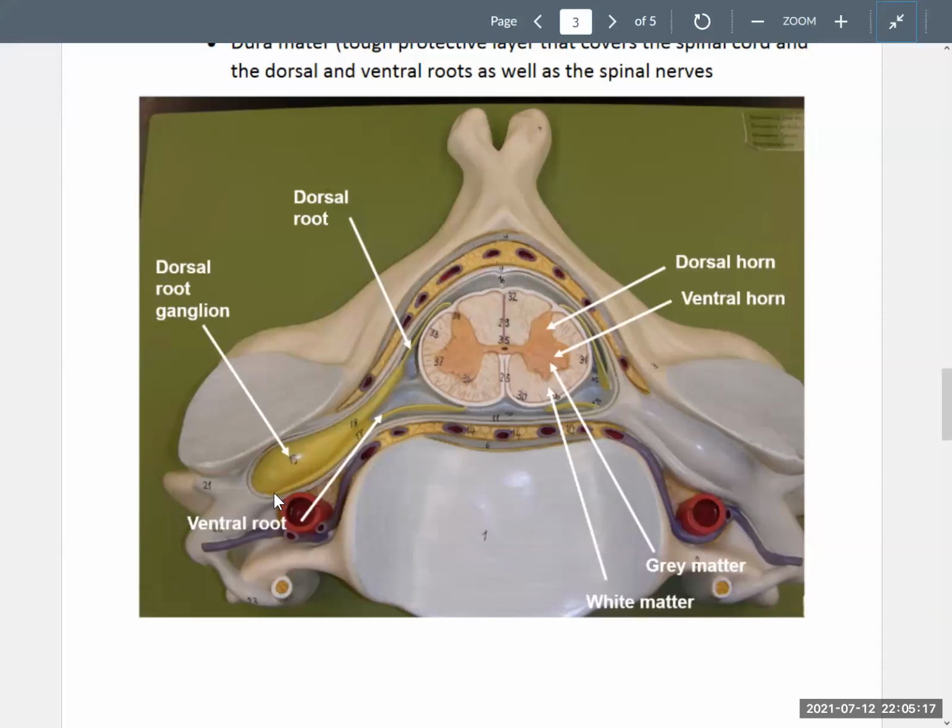And the ventral going out and the dorsal coming in pass through this structure called the spinal nerve. It's not labeled here, so don't worry about it here. If I didn't mention it, this was the dorsal horn. This is the ventral horn. They look like moose antlers.